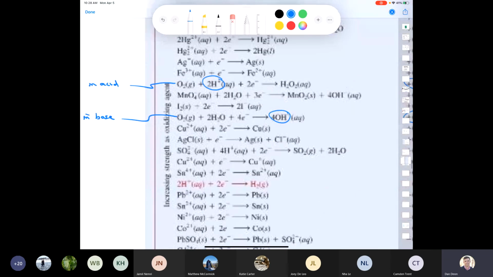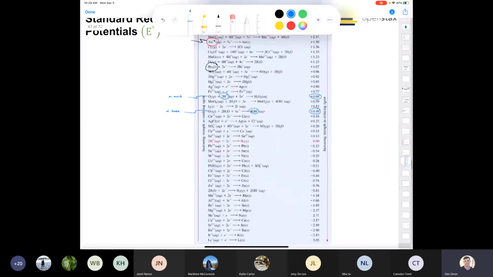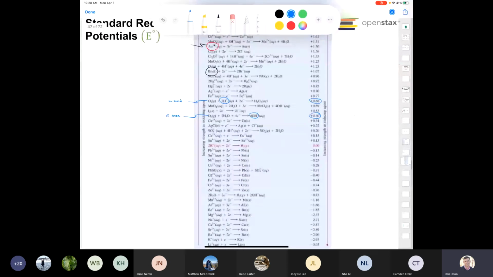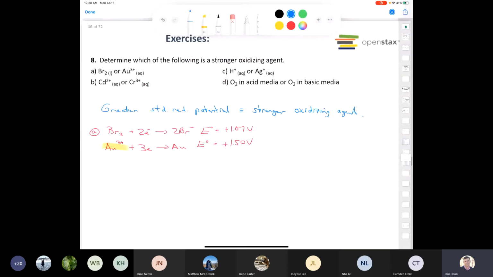This one's plus 0.4. Which one's going to be stronger? Will it be the oxygen in acid or the oxygen in base? It's not a trick question. Based off of those numbers, yeah, the 0.68. So it's going to be the oxygen in acid.